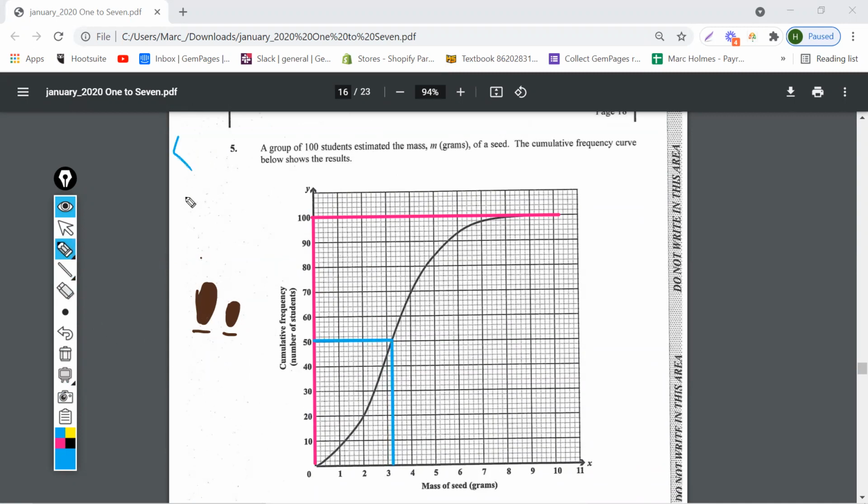So the median is equal to 3.2 grams. That's the median size of the seed. Cool. So that's where you find the median, it's the middle. It's 100 students, so the median is in the middle.